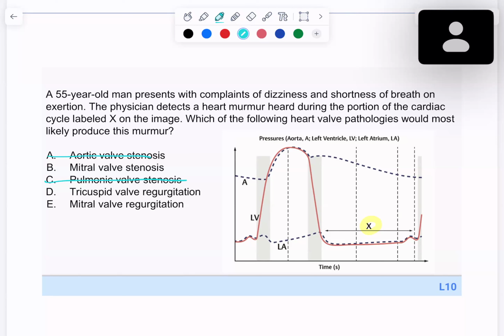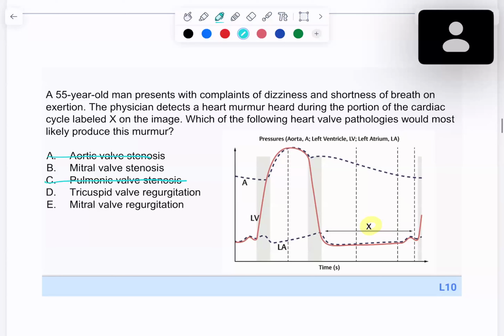Now, when the atria contract, they push blood through the stenosed mitral valve. And as we said, the opening is really narrow this time. It's not like the normal, non-pathologic mitral valve, and so it will produce a sound or a murmur, and it will be in diastole, since that's when the blood is being pushed through the mitral valve. And so that's why this is a diastolic murmur, so we will keep it.